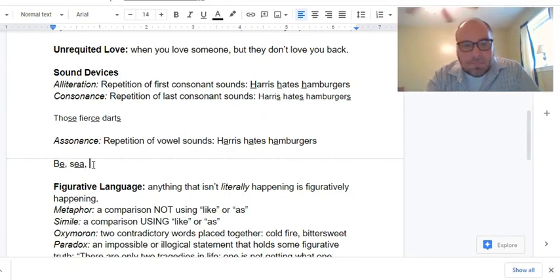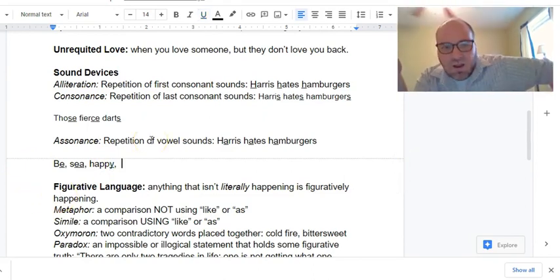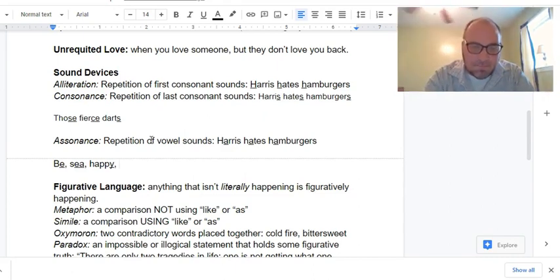Happy has a hard E sound, but it's spelled with a Y. So hopefully you're starting to see that this one's a little bit more nuanced, a little bit more complex.